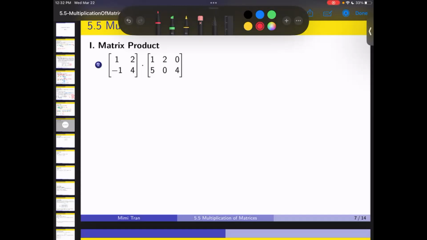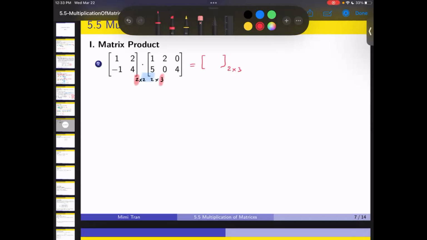I would recommend you start out with the dimension of the matrix first, because sometimes you can't even do anything, right? 2 by 2 times 2 by 3. The dimensions match. You're gonna end up with 2 by 3, right? Meaning 2 rows, 3 columns, 1, 2, 3, 1, 2, 3, something like that. So you have an idea.